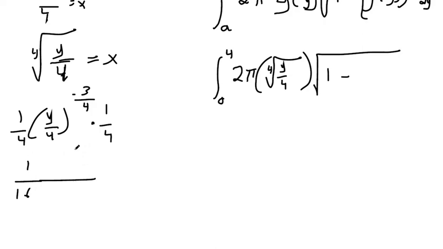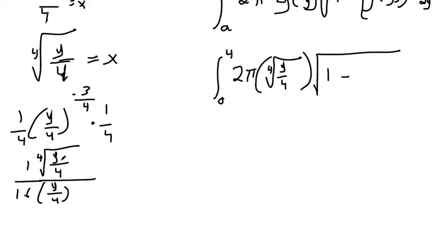And then there's a way we could make this neater. Because if it's negative 3/4, you could move that to the denominator and you have y over 4 to the 3/4 power. So I think the easiest way to do that would be to say y over 4 times the fourth root of y over 4 cubed, and then in the numerator, the fourth root of y over 4. Let me just double check.